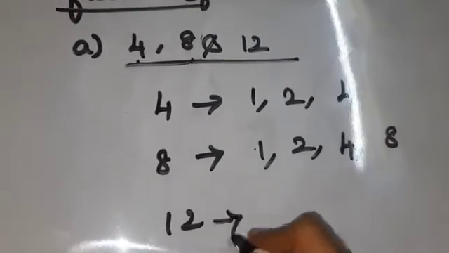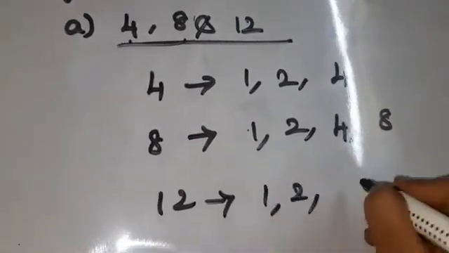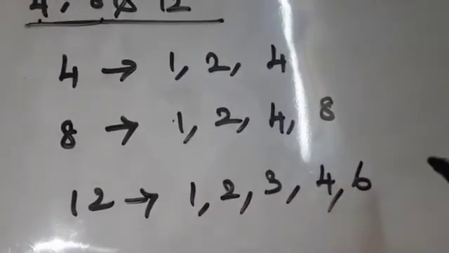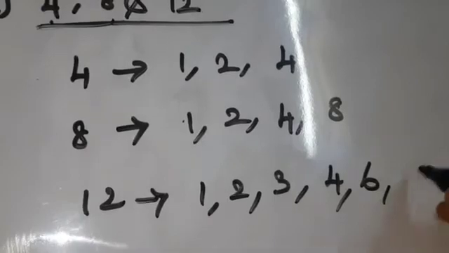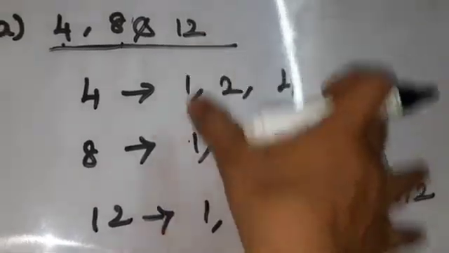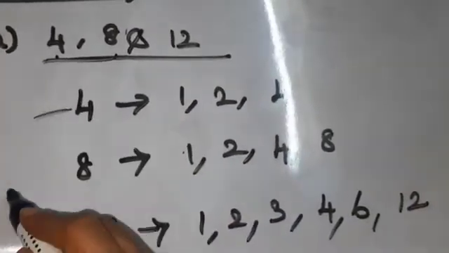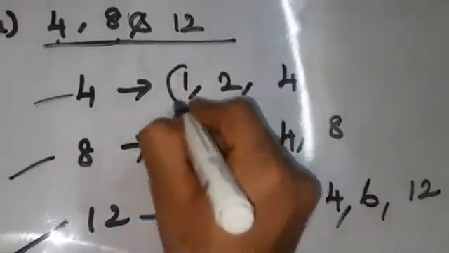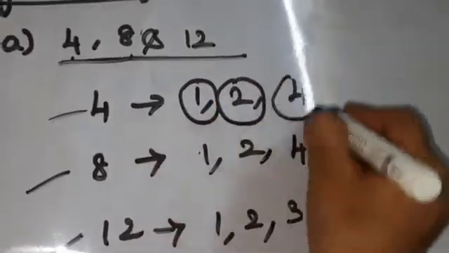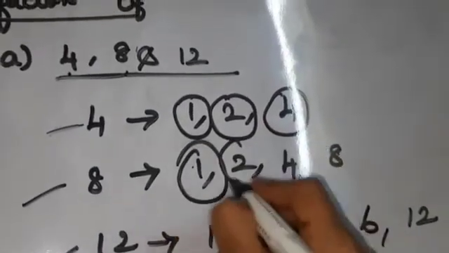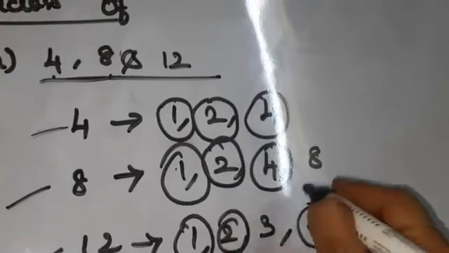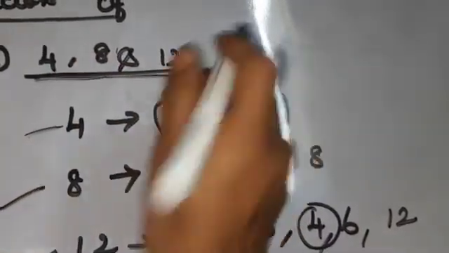The factors of 12 are 1, 2, 3, 4, 6, 12. These are the factors of 4, 8 and 12. Among these, what we are going to circle is the common factors among the given 3 numbers. So 1, 2 and 4 are the common factors of the given numbers 4, 8 and 12.